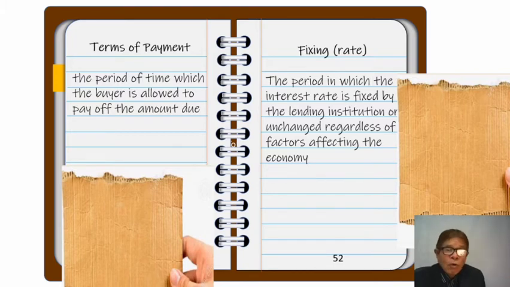But for a 5-year fixing, it could be 8% plus interest. And for a 10-year fixing, usually 10% interest per annum immediately on the first year to be applied. So it's an option of the buyer. But we usually recommend 3-year fixing.